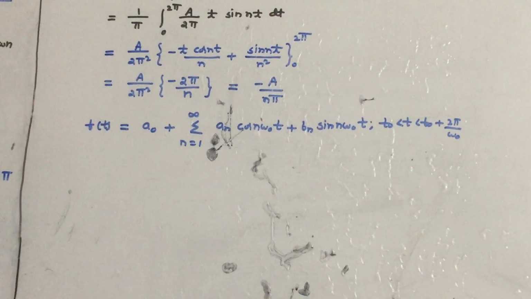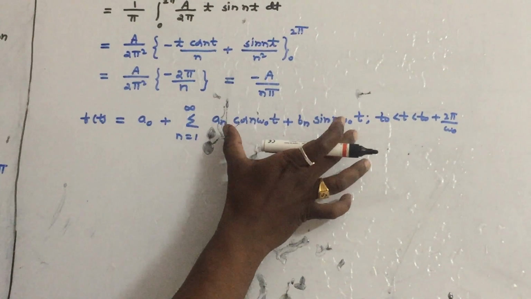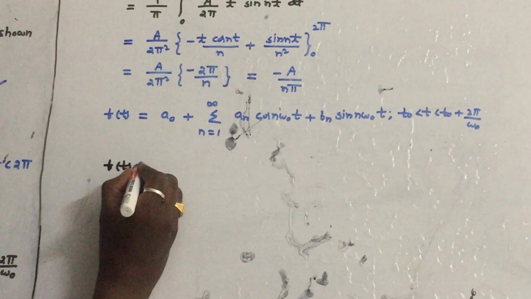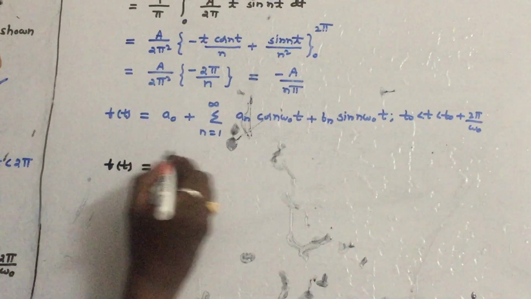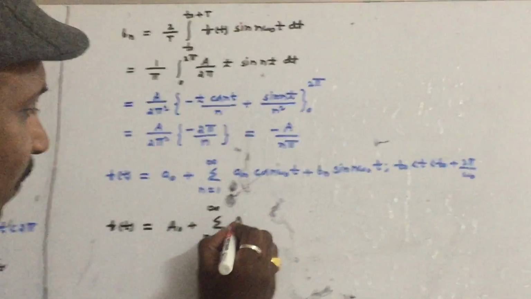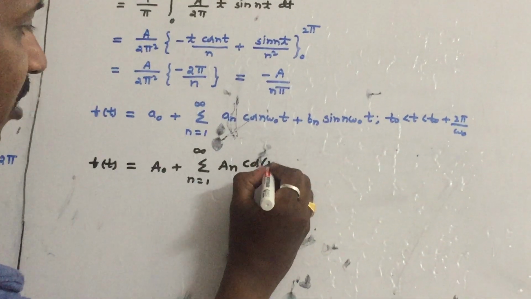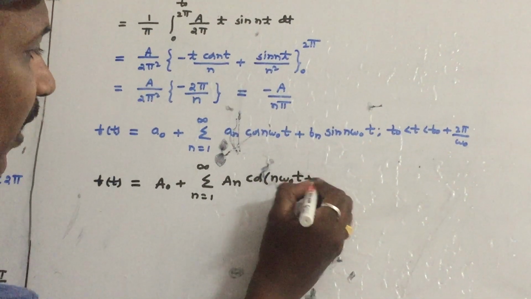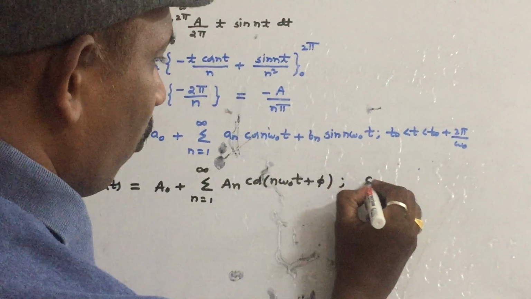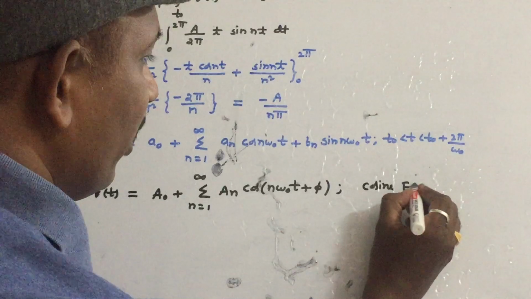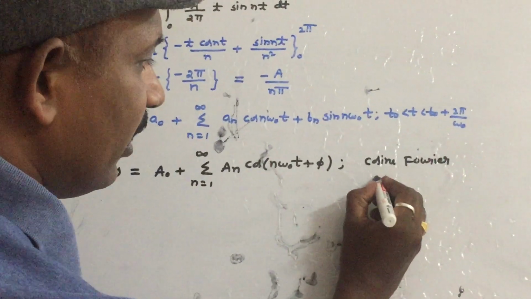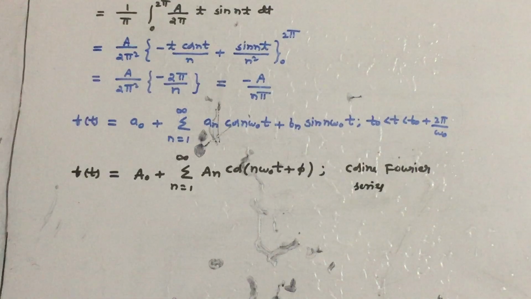That means we have converted the entire term into cosine Fourier series representation. So f of t in cosine Fourier series representation is written as summation n is equal to 1 to infinity capital An into cos of n omega 0 t plus phi. The above equation is converted into only cosine Fourier series.